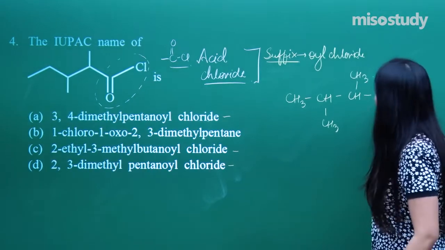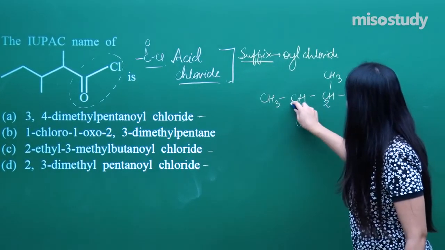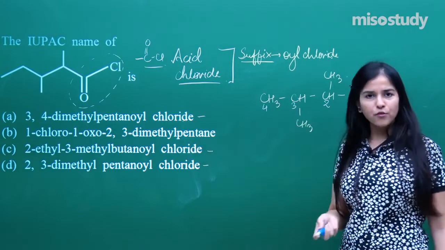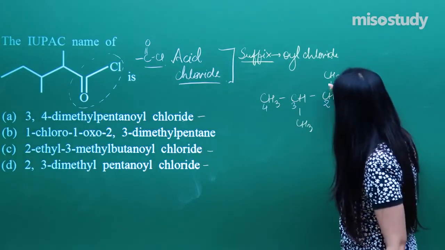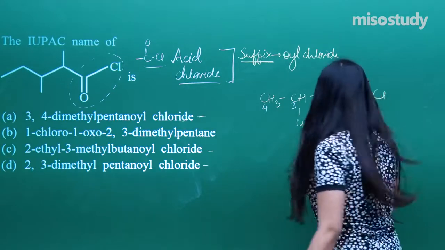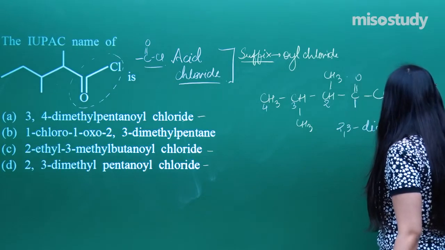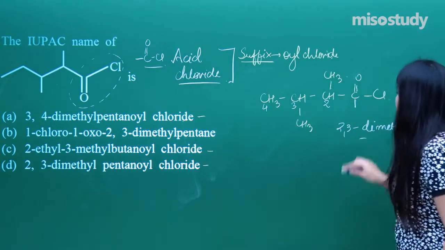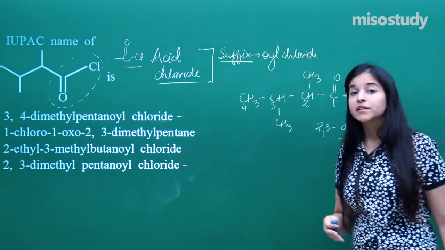I'll be starting off with the functional group itself, carbon number 1, then 2, 3 and 4. That is how we are going to number. Now what do I need to do? Add the 2 and 3, I've got dimethyl. So 2, 3 dimethyl, and what else? It is 4, that means butanoyl chloride.